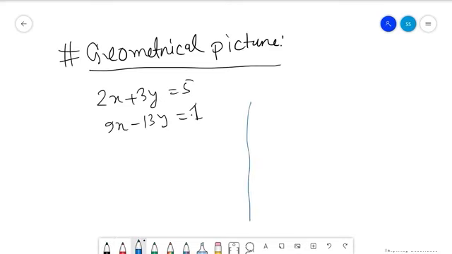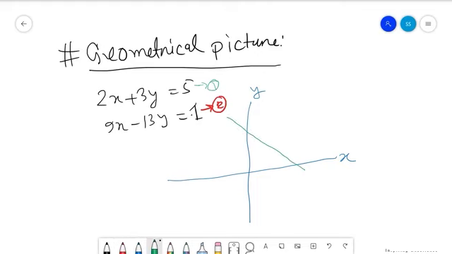Let's say this is my xy coordinate, this is x, this is y. This 2x plus 3y will correspond to some straight line. Let's denote it with the green color, equation 1, and let's denote this equation with the red color. So let's say this is the line for equation 1.